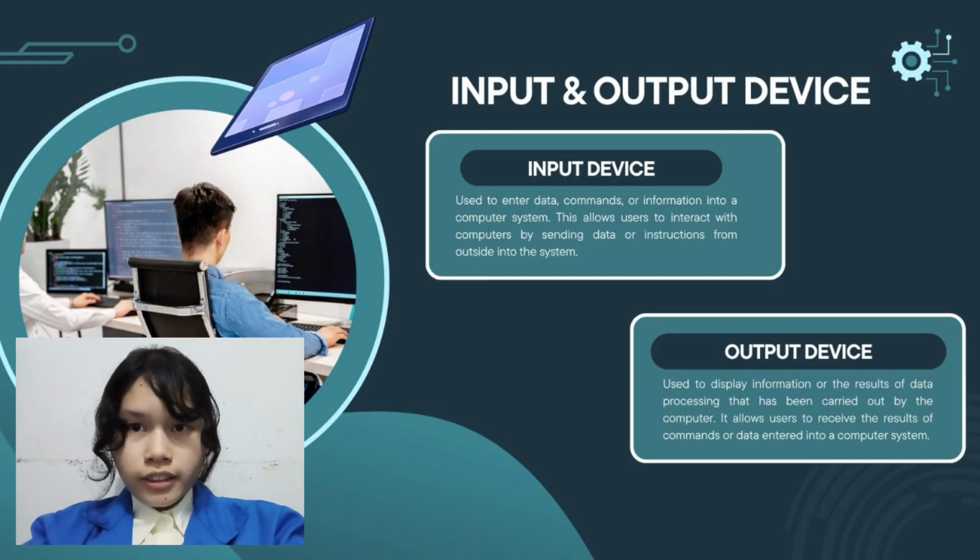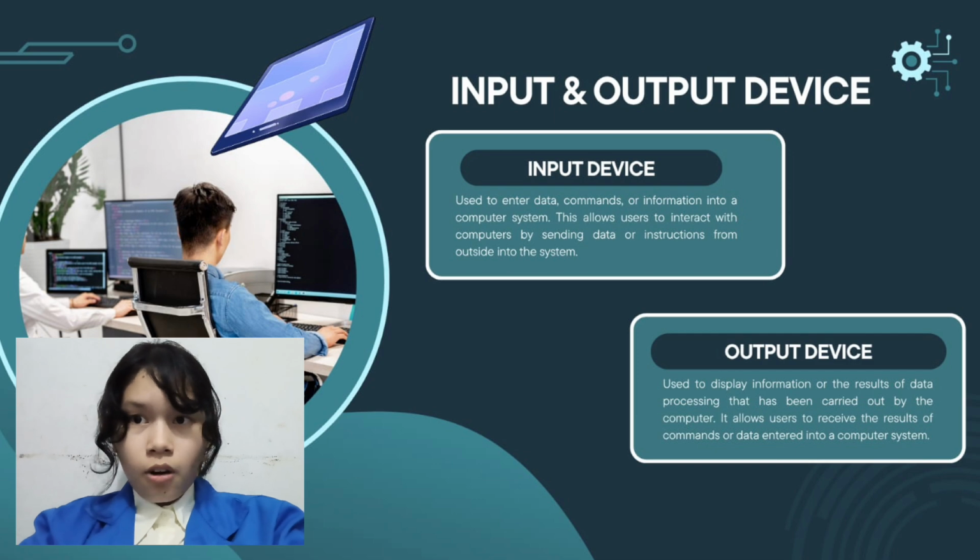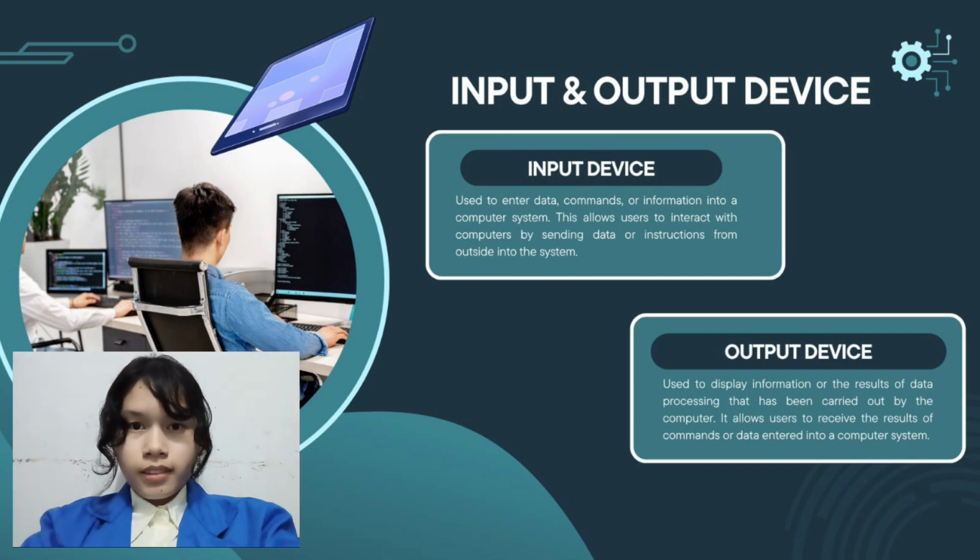This allows users to interact with computers by sending data or instructions from outside into the system. While the output device is used to display information of the result of data processing that has been carried out by the computer, it allows users to receive the result of commands or data entered into a computer system.